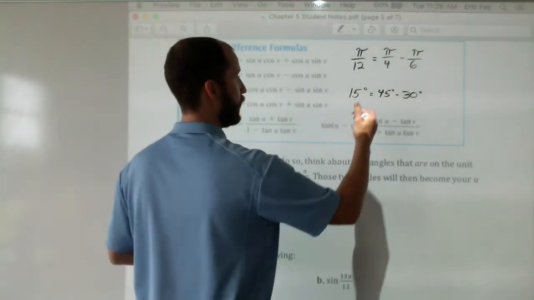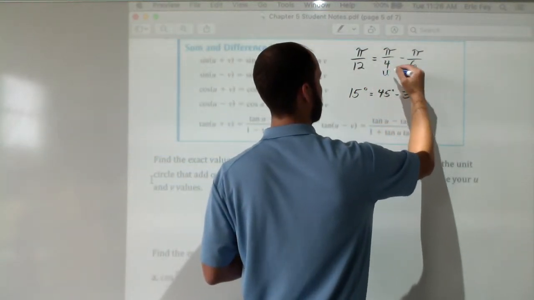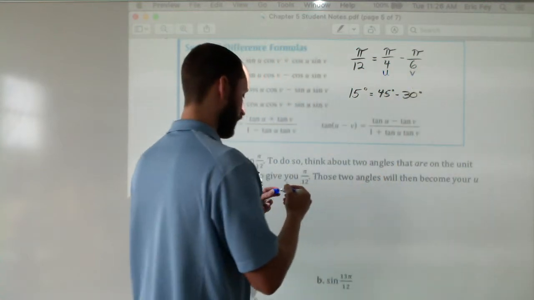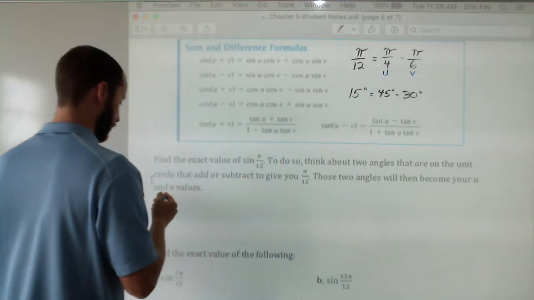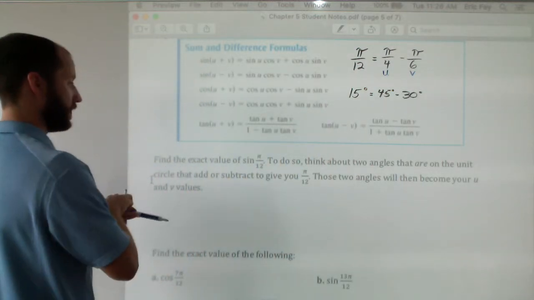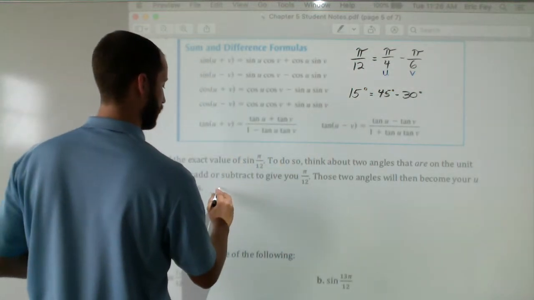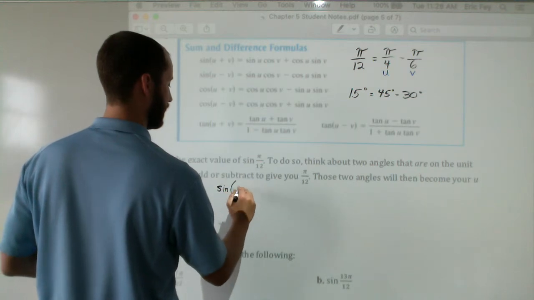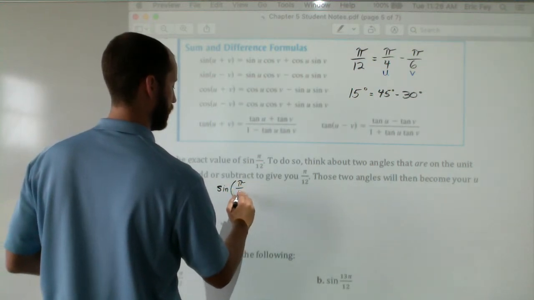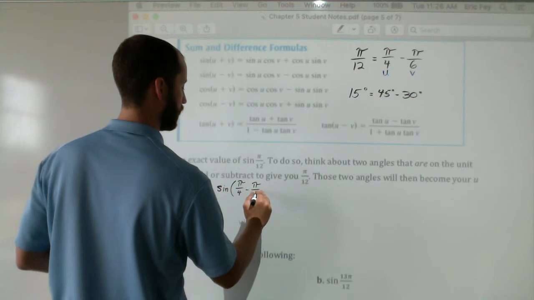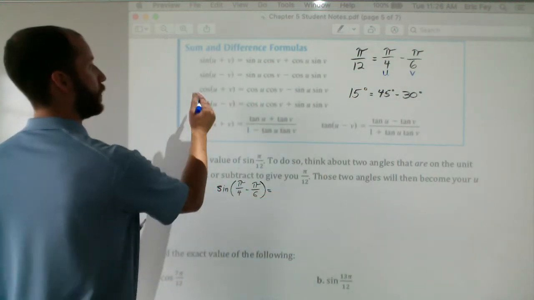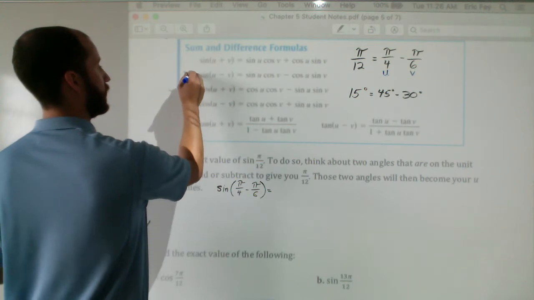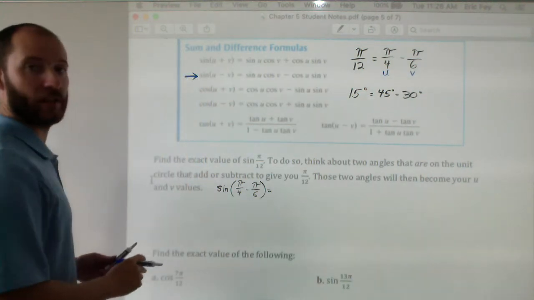So what we're going to do, this is going to be our u value. This is going to be our v value. We're using a difference. We are saying that sine of pi over 12 is the same as sine of pi over 4 minus pi over 6, which means we're going to use this formula right there.